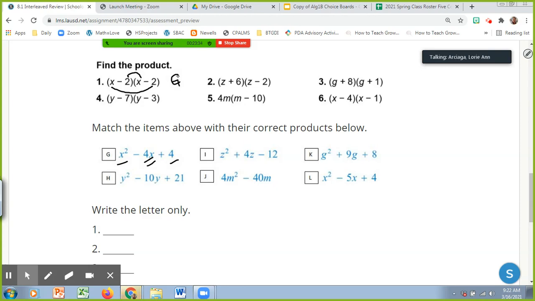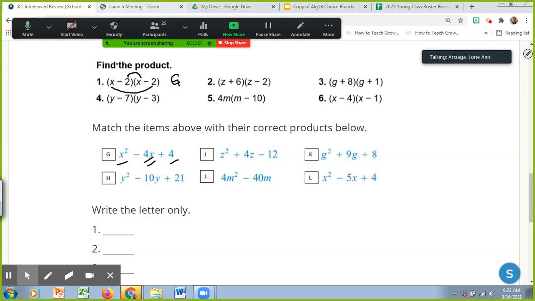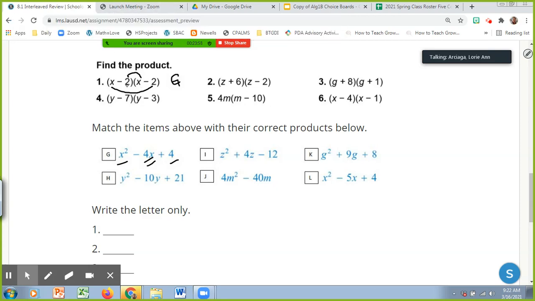Okay, it's 9:22, can I give you like 3 minutes to finish this one? Okay? All right. And don't just match the letters, but I know you can do it that way. But for the benefit of those who are still learning it for the first time, try to do it in your head, okay? So use the method that I taught you.